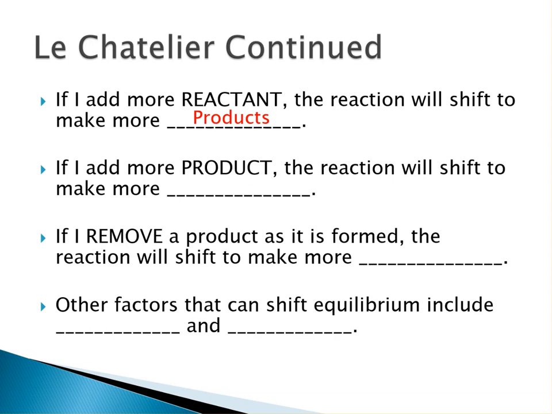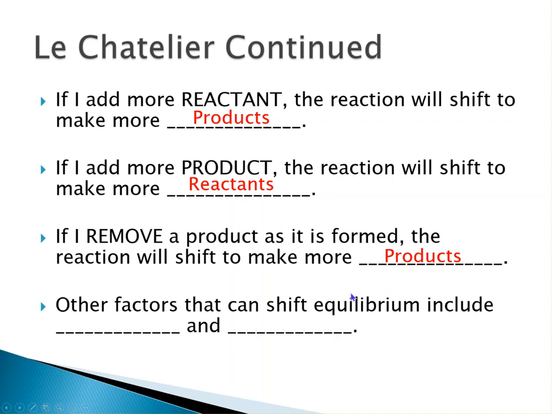So it's very intuitive. Well, if we're talking about the reverse reaction, if we add more products, that's going to cause the reaction to shift to make more reactants. If you remove a product as it's formed, well, if you take something away, we've got to make it up, right? So if you take away a product, the reaction will shift to make more products.